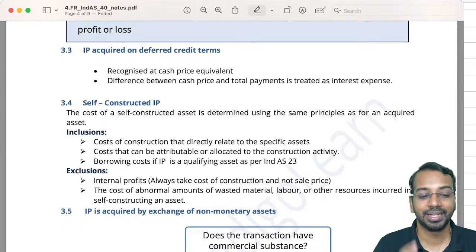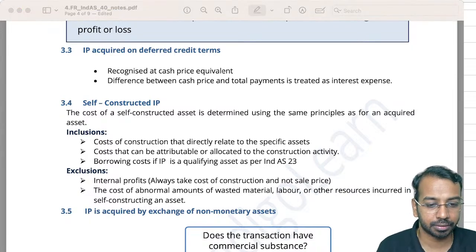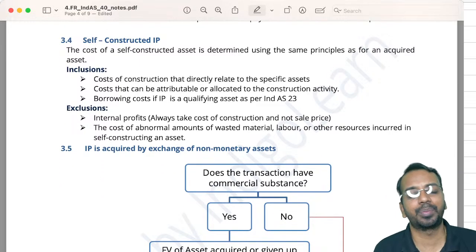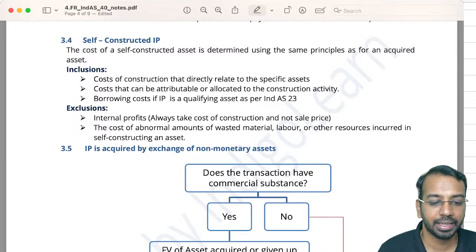If you are acquiring investment property on deferred credit terms, then you will recognize it at cash price equivalent. If there is self-constructed, same principles what you have seen in Ind AS 16, the same thing will apply.